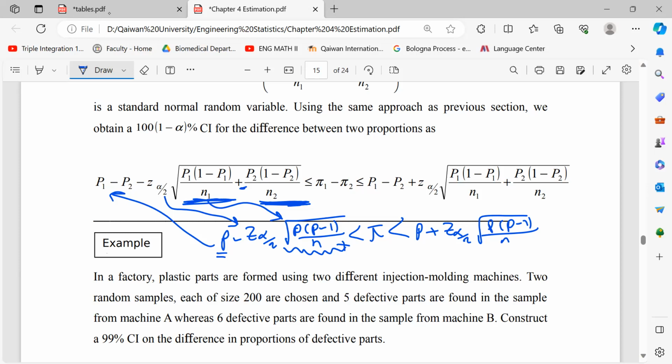Change this to P1 minus P2. For 2, we say it's P1 times (1 minus P1) over N1 plus P2 times (1 minus P2) over N2. That's how to construct the confidence interval rule for the difference of two population proportions from one population proportion. If you know the first, it's easy to construct for two.